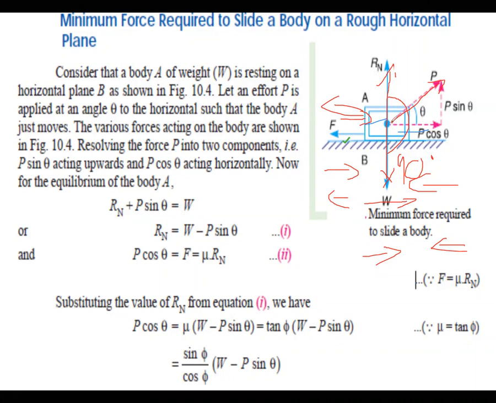The force P is applied on the body such that the body just tends to start moving from its position. Various forces are acting on the body when it tends to move from the original position.